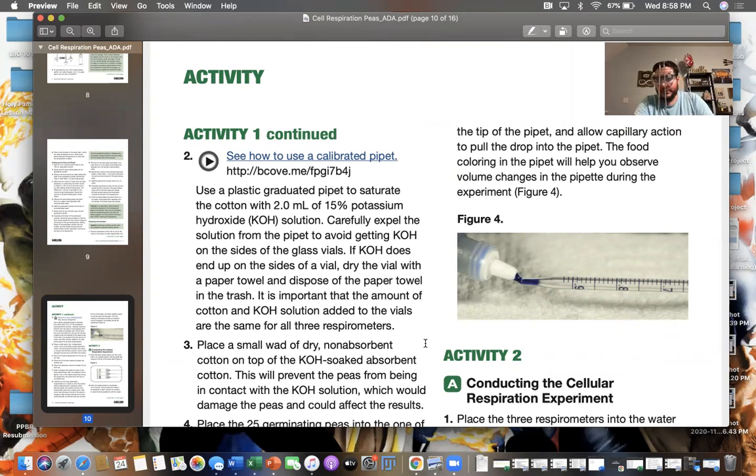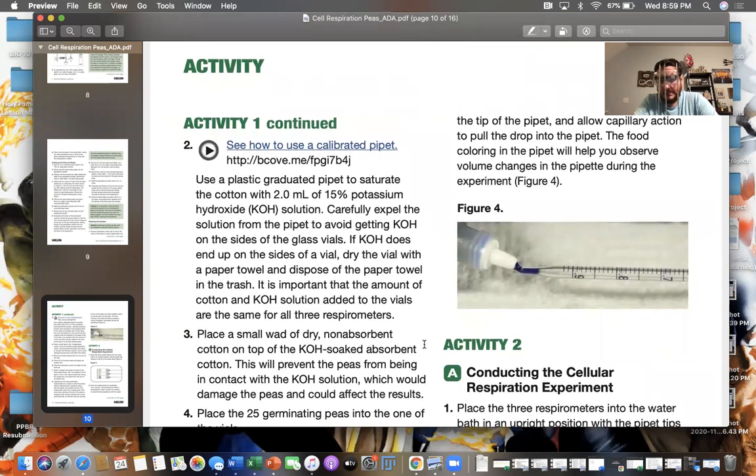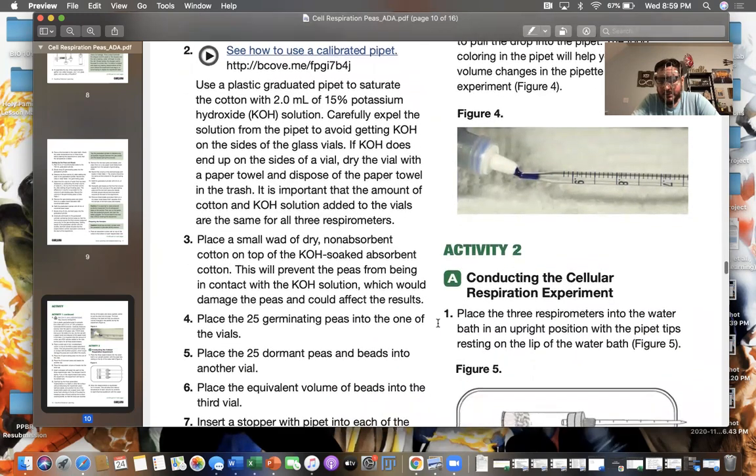Yep, so what you'll do is you'll just lay this down, put the little dab of food dye right there if you do choose to use it, and then it'll draw into the pipette. And what that's going to allow you to do is visualize volume changes in the pipette during the experiment. The other thing that you can do is if you don't have that, which I will be doing, is using just the flashlight on my phone, and you'll be able to observe changes in volume.